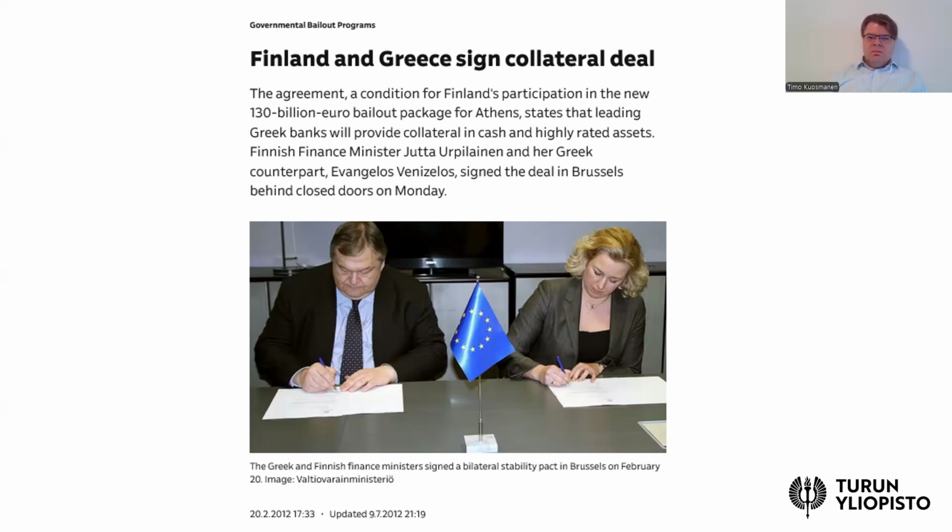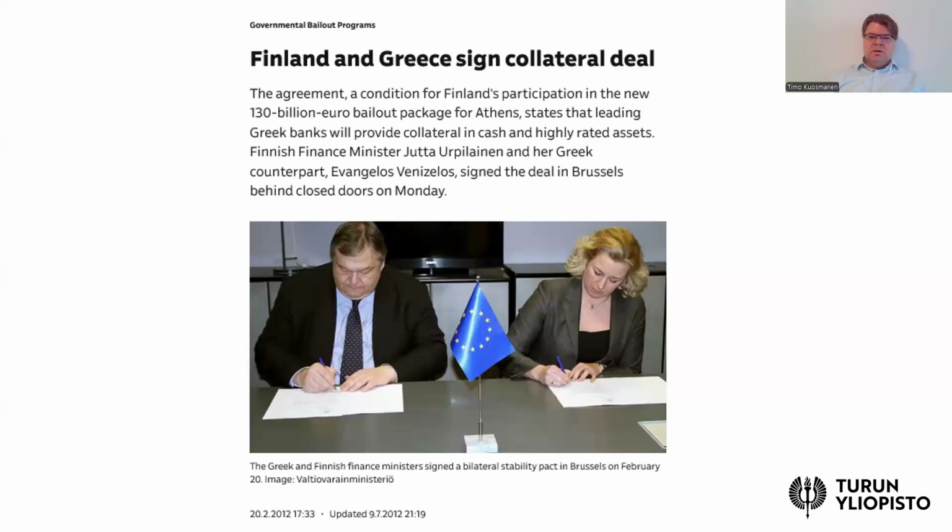So during the second bailout package for Greece, the Finnish government was in a sort of crisis itself, and the only way that the Finnish government could agree to participate in the bailout package was that the Finnish government required some collateral for these debts.